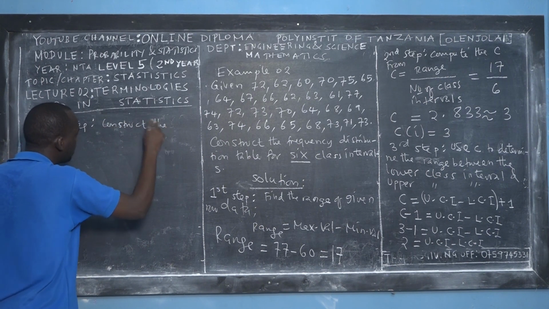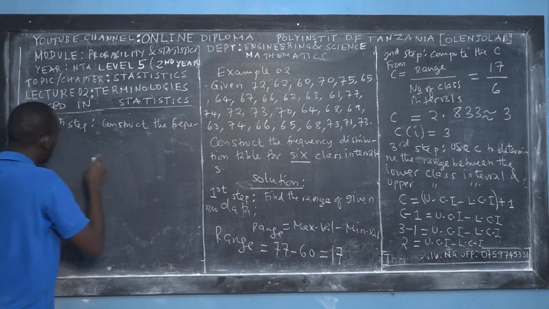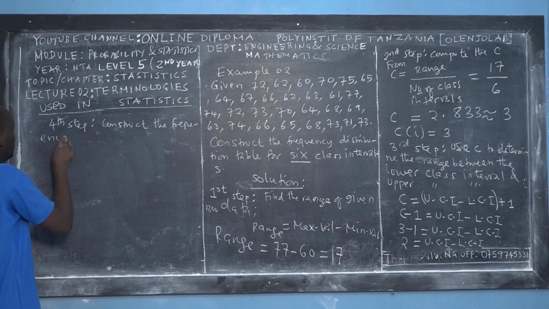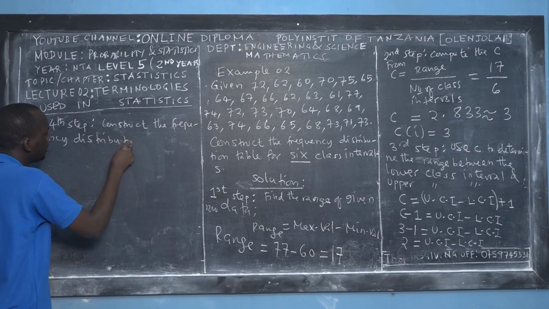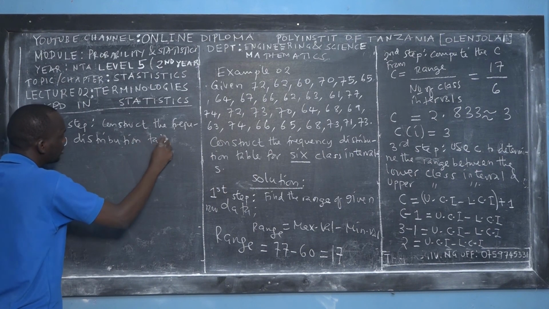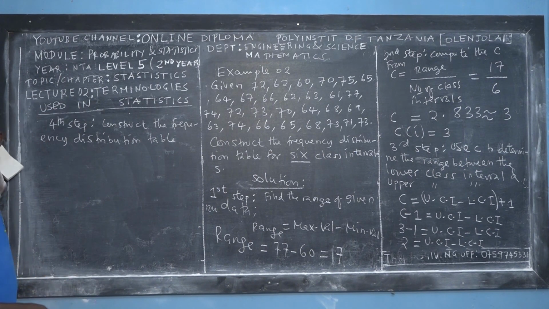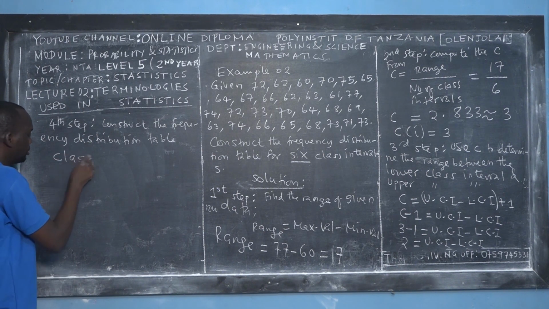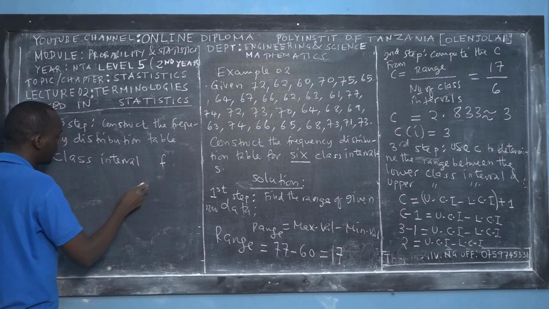The frequency distribution table: you have class interval, and then here we have frequency.